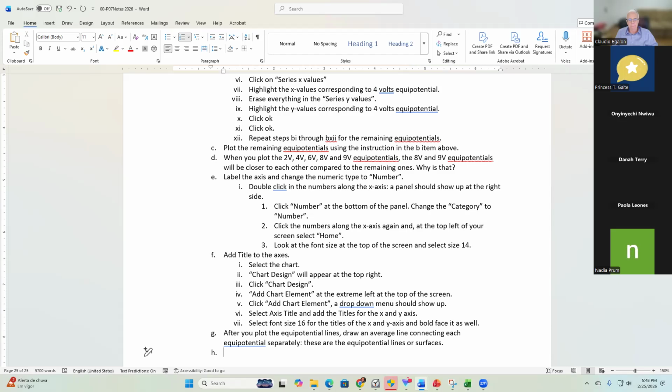From those equipotential lines or surfaces, draw the electric field normal to these equipotential lines. Normal means perpendicular to the tangent direction.